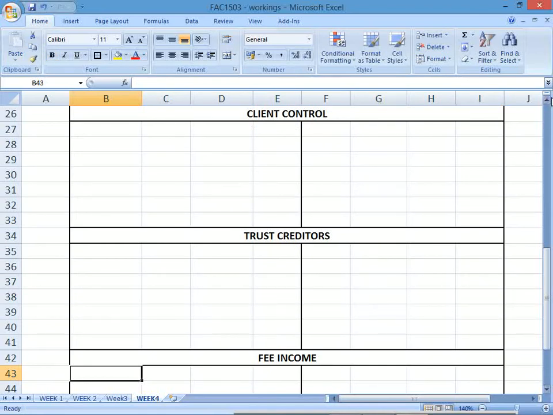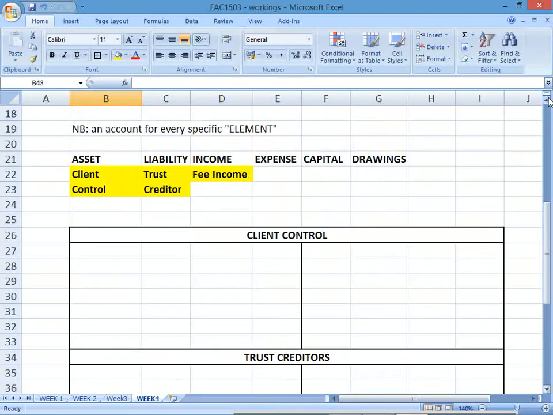Notice they're all accounts, but they all meet the definition of one of the elements. Client control, we just spoke about, was an asset. So if this is an asset, where are you going to put the balance? Correct. So if I had to put a balance in, I would say balance brought down, let's put 100.